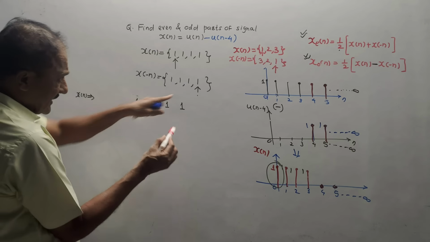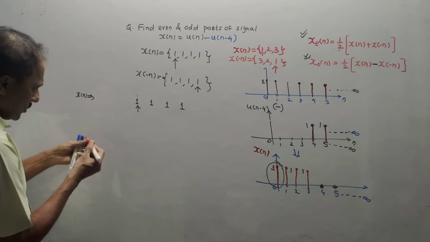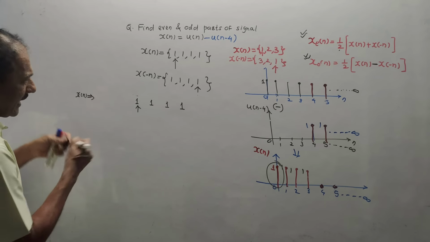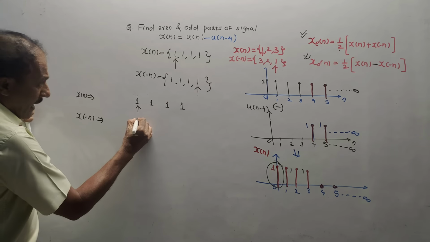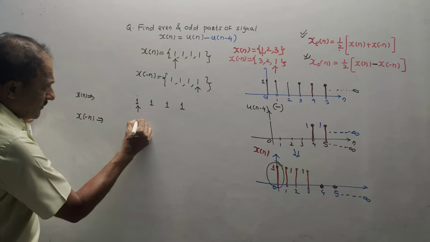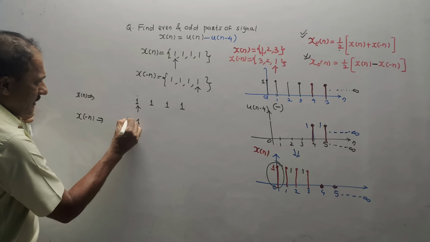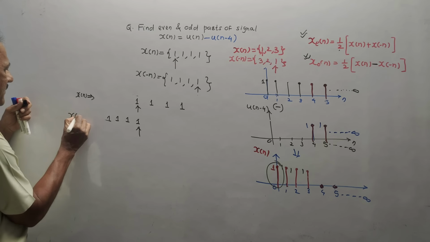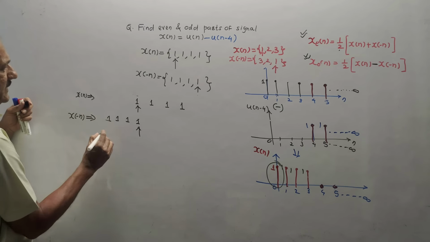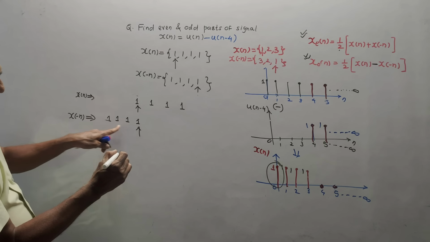Now the second signal: arrow is at this position, so below this I will write the second signal, x of minus n. Arrow should be matching, so this is 1 and here I will write 1, 1, 1, 1, 1.